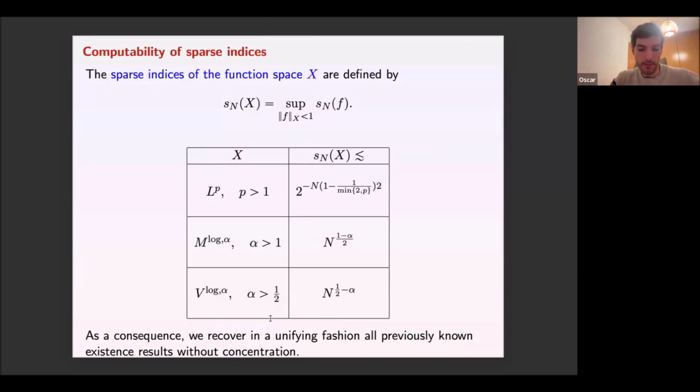And not only that, one can also use sparseness in combination with the so-called extrapolation theory of Jawerth-Milman in order to construct new optimal regularity classes for energy conservation. But I will skip this part; just in case you are interested, you can go to the preprint and have a look.